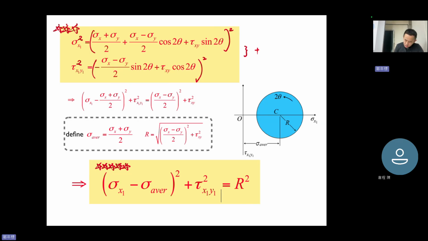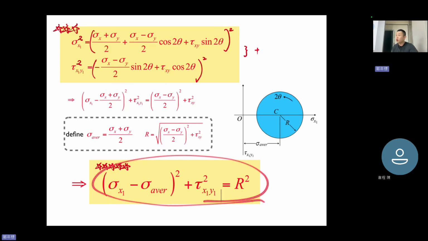You see, sigma x1 is your coordinate, tau x1y1 is also your coordinate, and squared, of course, and sigma average is the origin of the circle, and R squared is actually the radius. So this is a circle formula.